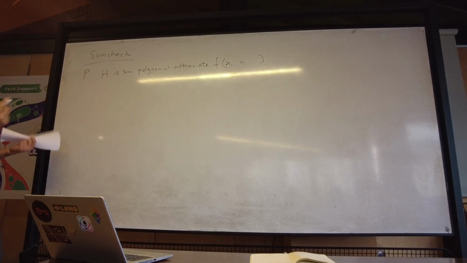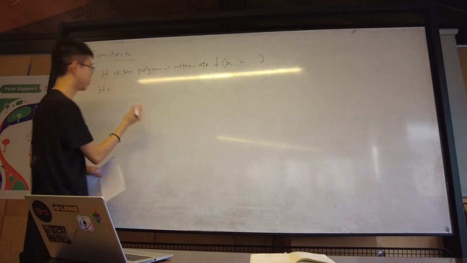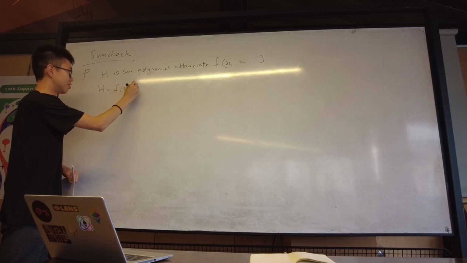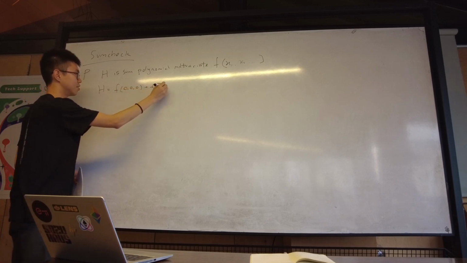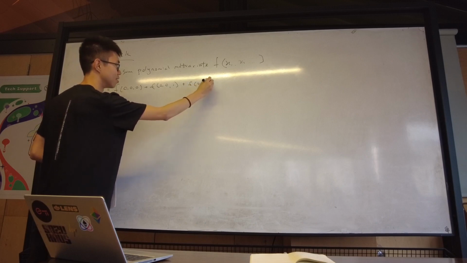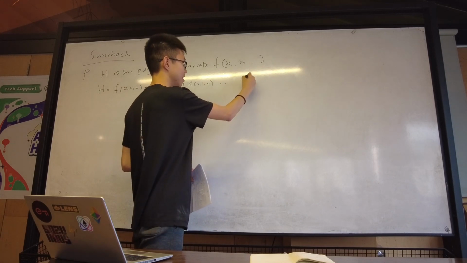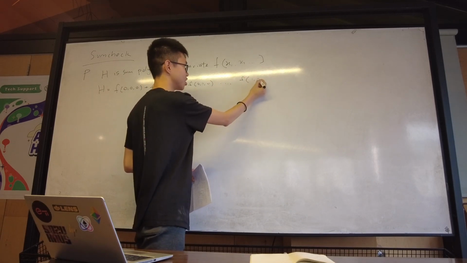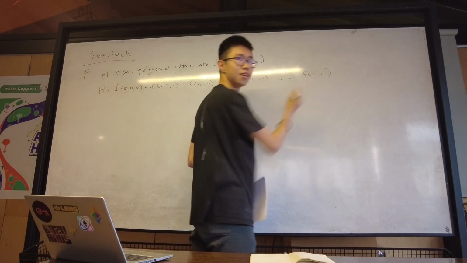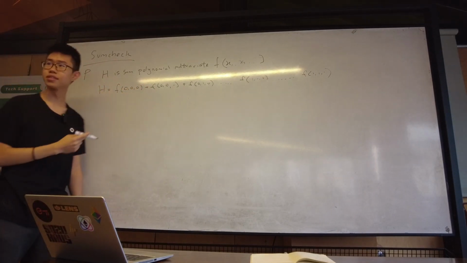An example: if it's a 3-variable multivariate, H would be a combination of f(0,0,0) plus f(0,0,1) plus f(0,1,0), and all the permutations and combinations up until f(1,1,1). So this is for 3 variables, so it's still manageable.